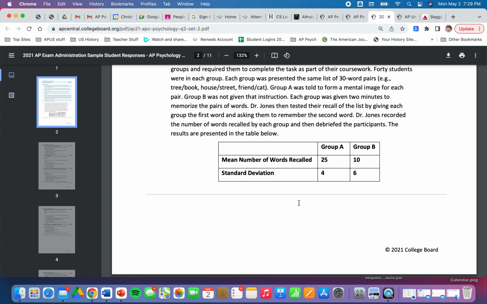So that's what that's referring to. So group A was better than group B because group B had more spread out standard deviation points. Okay, that last part makes sense.